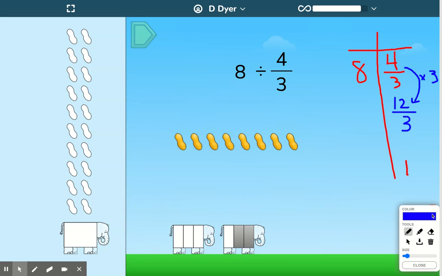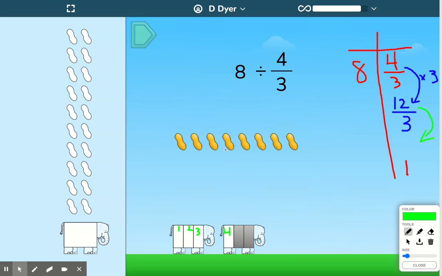Okay, and then we are going to take this and divide it by 4, right? Because that is 4. But this idea of dividing into 4 sections, right? Here's 1, 2, 3, 4 sections.